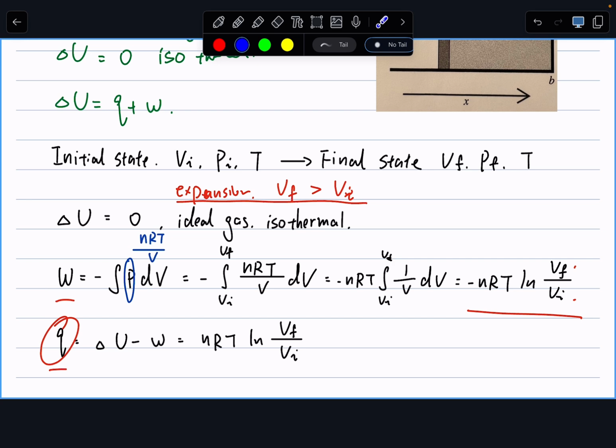Yes? So the concept that heat transfer doesn't need to rely on a change in temperature, is that right? Exactly. That's the whole point of doing this derivation. When we're talking about an isothermal process where your temperature is kept the same, it doesn't mean there's no work or heat transfer taking place.